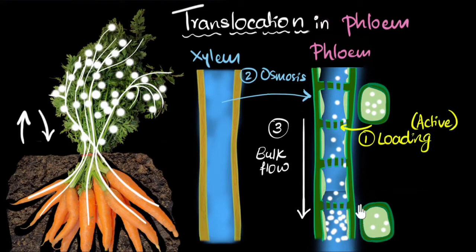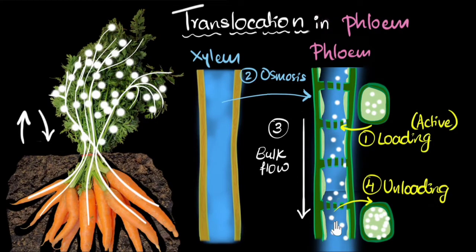Because there is less concentration of sugar, it will move out of phloem and it can now be taken up by this cell. And so this we'll call step 4. Unloading happens. The sugars get unloaded from the phloem tube. So let's unload that sugar from the phloem into the required cell.